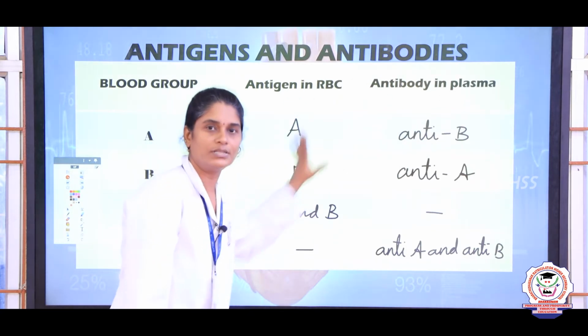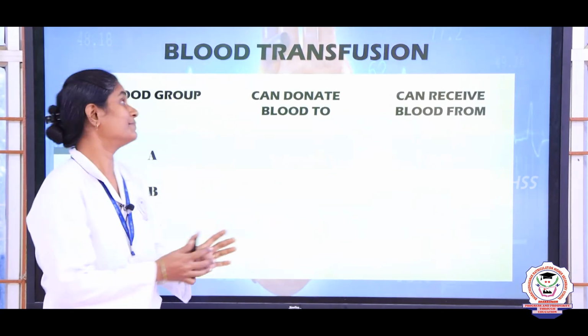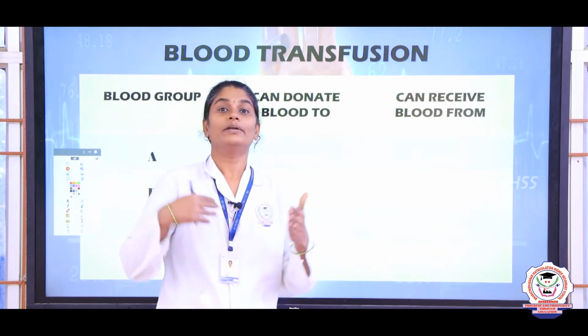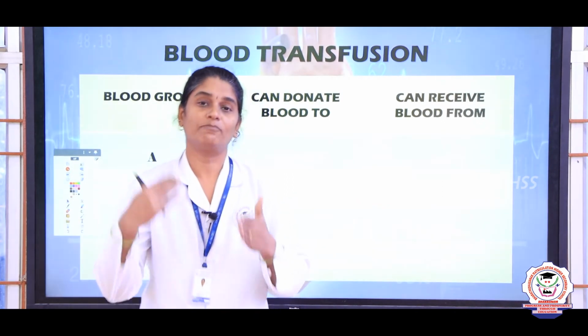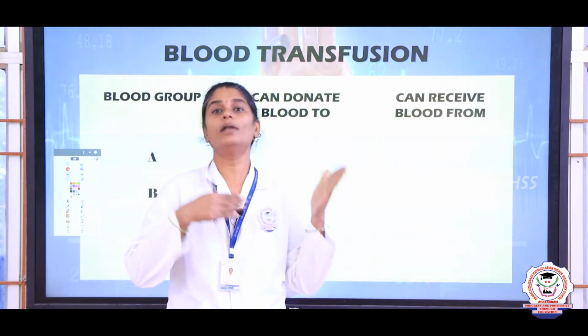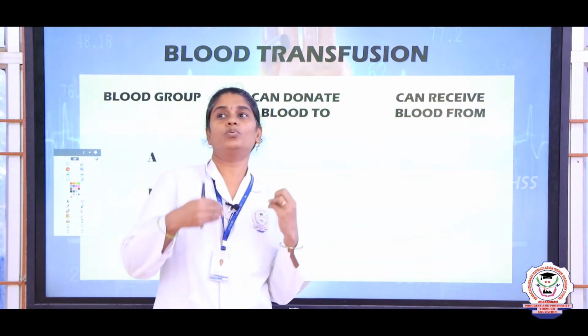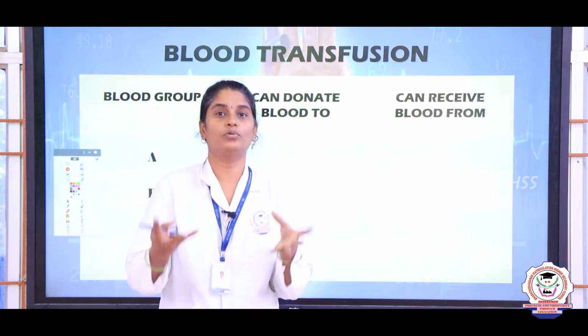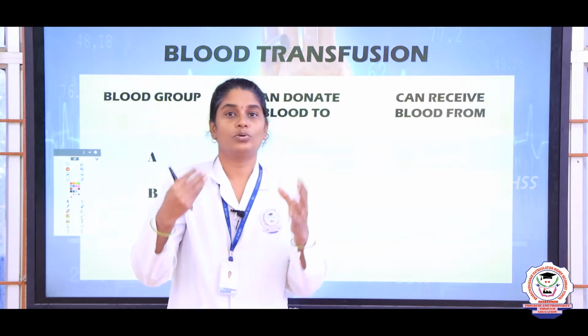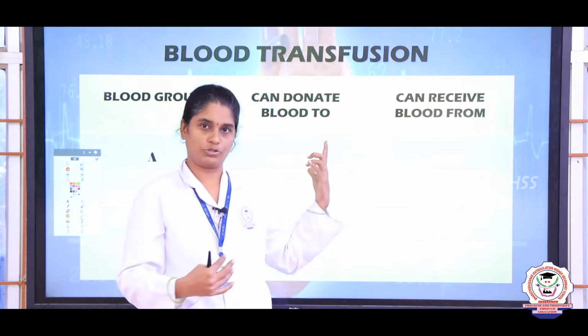So, are you clear with this? Right. Now let us see what blood transfusion is. Transfusion of blood from one person to another person is called blood transfusion. People who are ill or severely injured and have had blood loss need a blood transfusion, right.